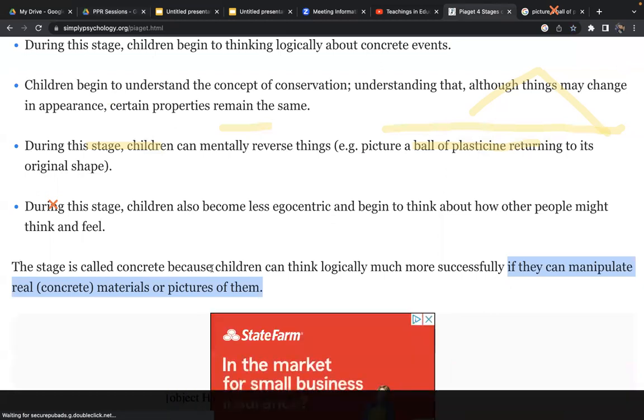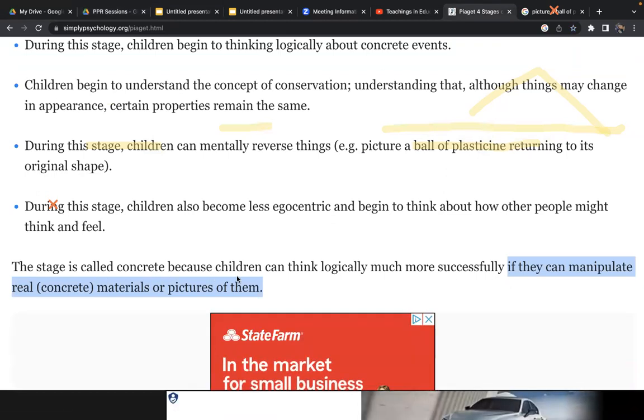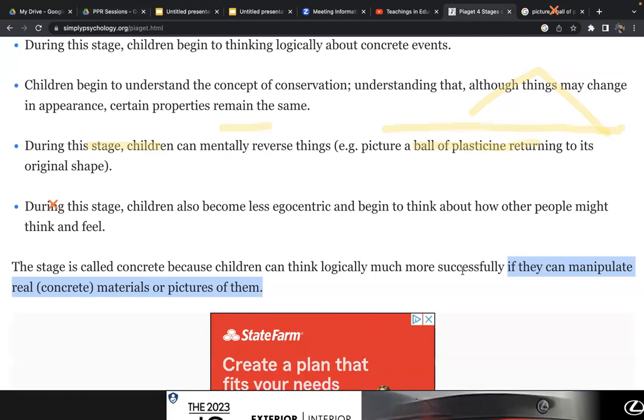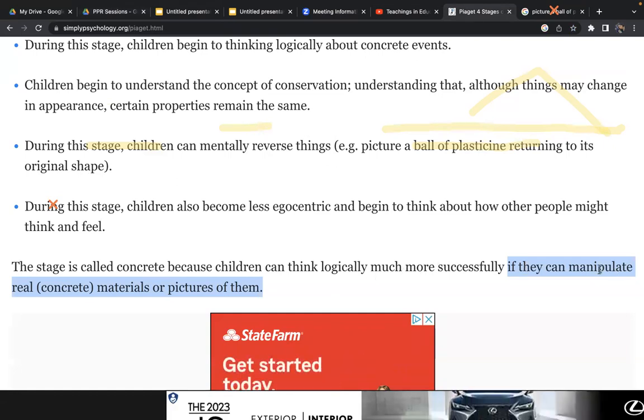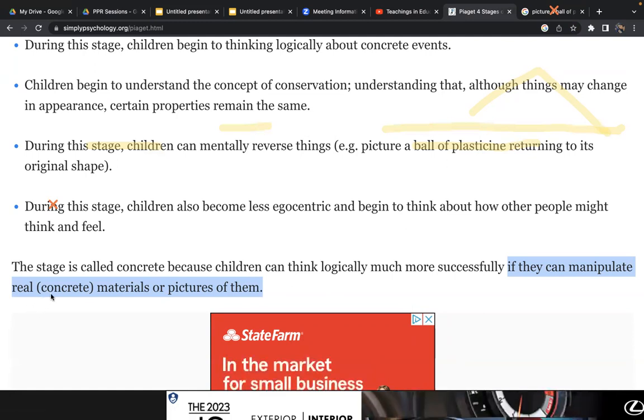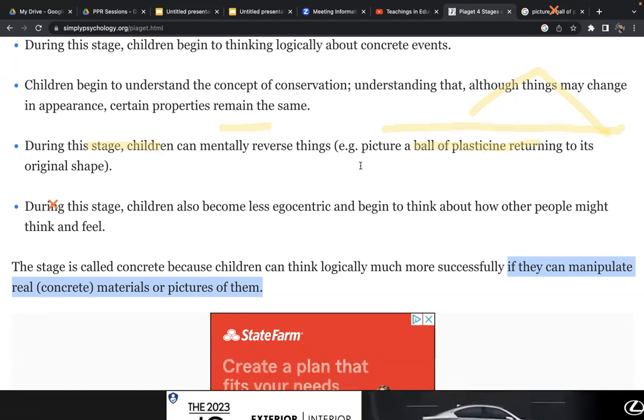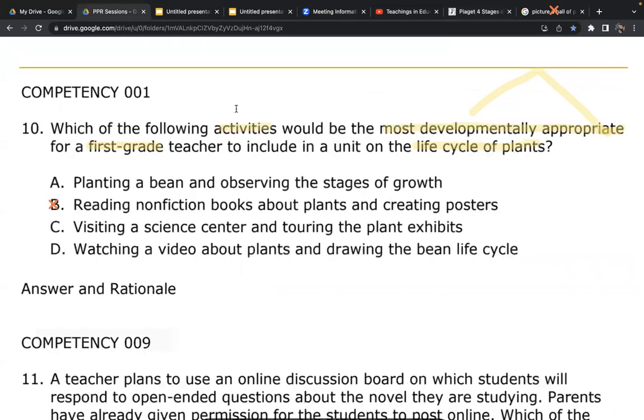This stage is called concrete because children can think logically much more successfully. So if they can manipulate real things, concrete, and have pictures of them. Going back to what we were saying, D, and we said D was wrong.